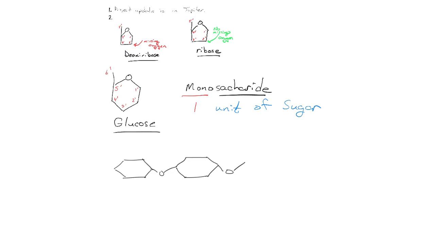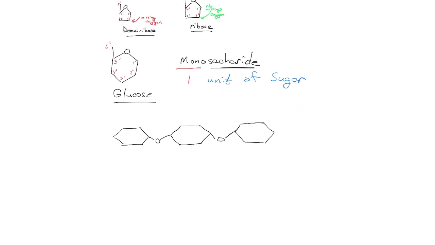So we can link all these sugars together and make different polysaccharides. This is a bunch of sugars, and they can branch off, and there are different kinds.